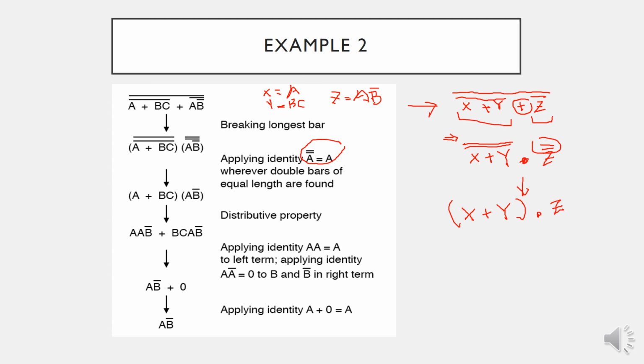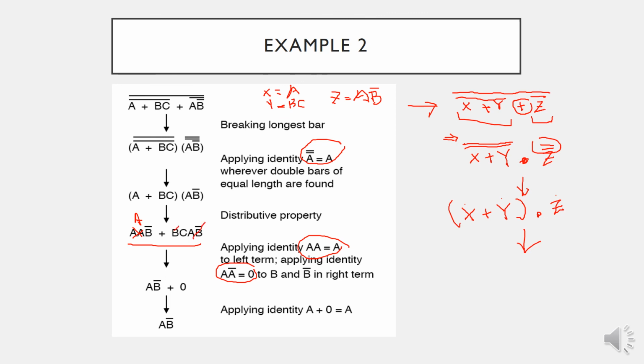After this, you can replace the original values of x, y, and z respectively, so that you will have this equation. Based on this, we still have identity rules here. So these both will become A, and then there's another identity rule: any variable ANDed with its own inverse will become 0.